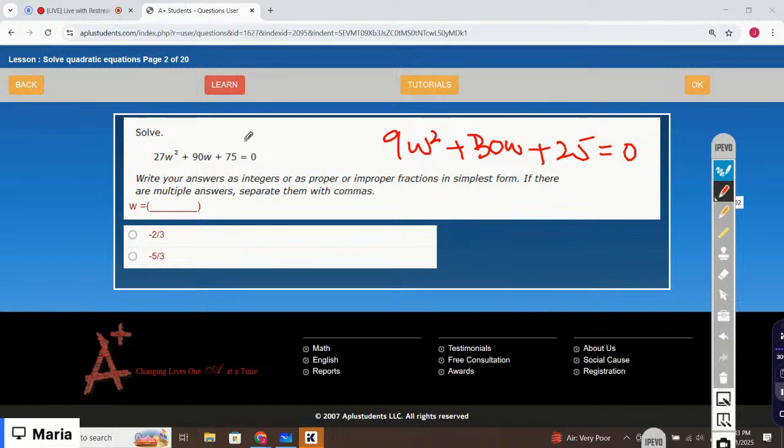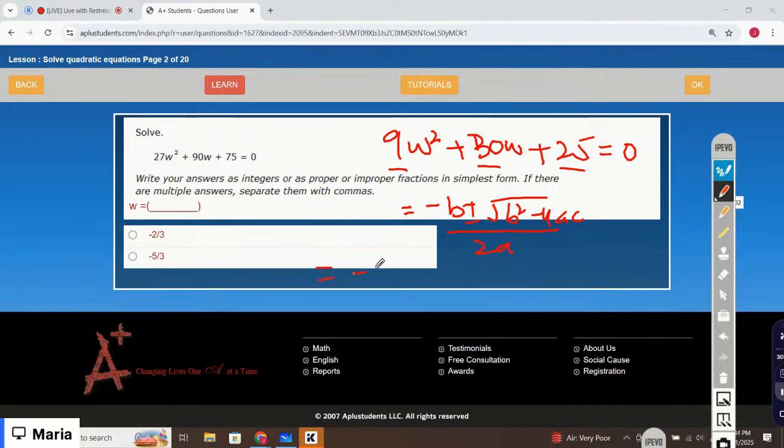Now I'm going to use the, I forgot the name of the formula, the quadratic formula. That is negative b plus or minus the square root of b squared minus 4ac, divided by 2a. This is a, this is b, this is c. Now let's do the calculations.